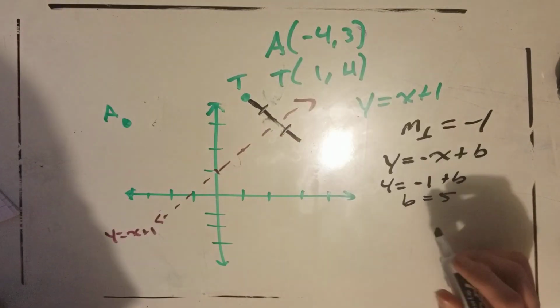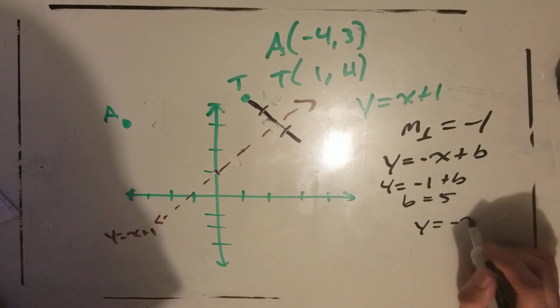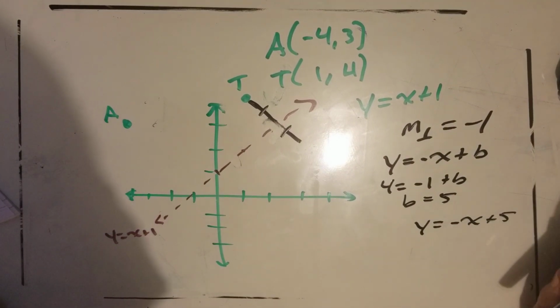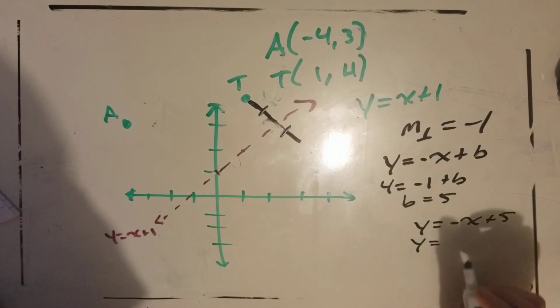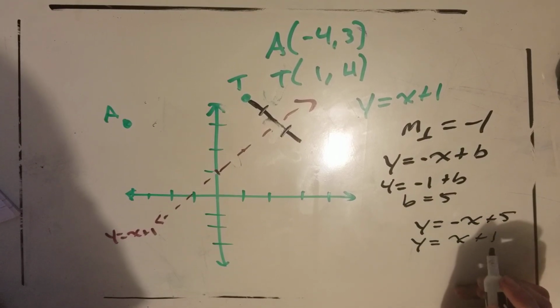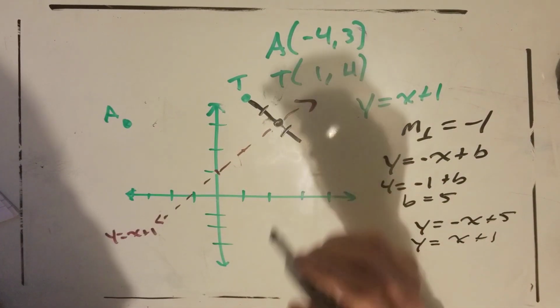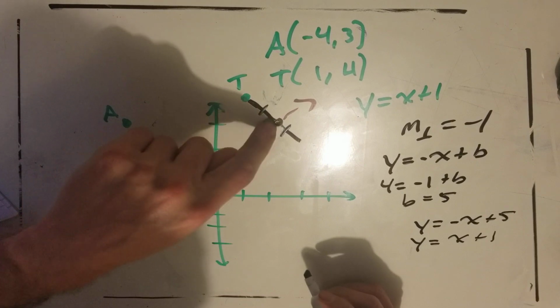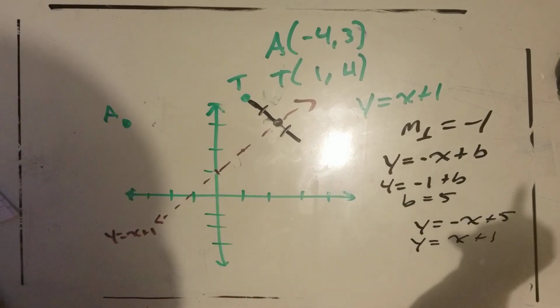So the equation that goes through point T and is perpendicular to the line of reflection is y equals negative x plus 5. Now if we make a system with the line of reflection, then we can find the point where these two lines intersect, which would be this point. Then we can find the distance from T to that point, and then get the distance from that point to T prime. We'll know where T prime is.